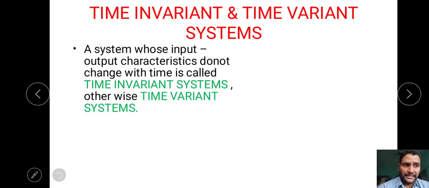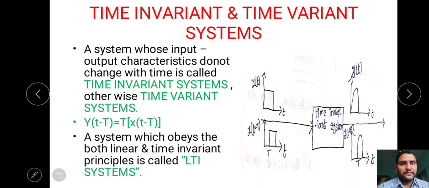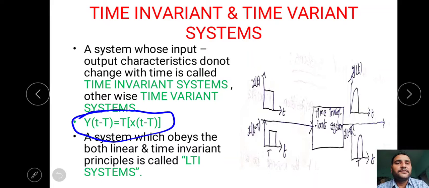If it changes with time, it is called time variant. A system which obeys both linear and time invariant principles is called a linear time invariant system. A system which obeys this condition is called a time invariant system.